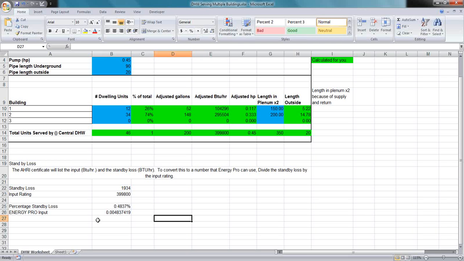Yeah, it kind of depends on what purpose you're using that for. For the purposes of our program, we're fine with you making a professional judgment on what the horsepower is based on the size of the pump, as well as your professional judgment on what kinds of sizes of pumps are typically put into domestic hot water service in these sizes of buildings.